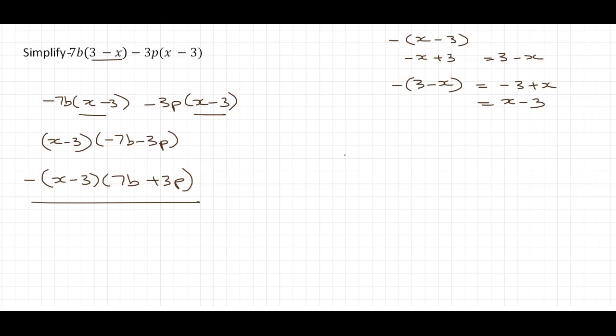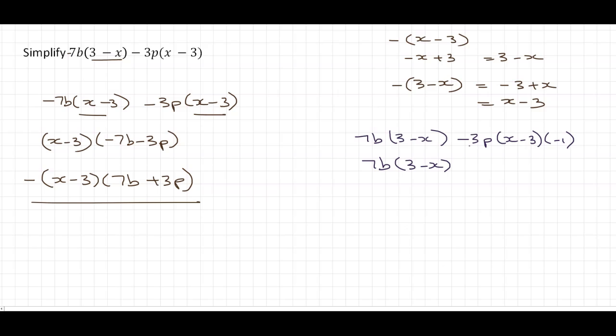The other way you can write this is use 3 minus x as what we're going to aim for as the greatest common factor. So now in this case, we have 7b, and then we have 3 minus x, and then we have minus 3p, x minus 3, and then we're going to multiply x minus 3 by negative 1. So now we're going to end up with 7b, 3 minus x.